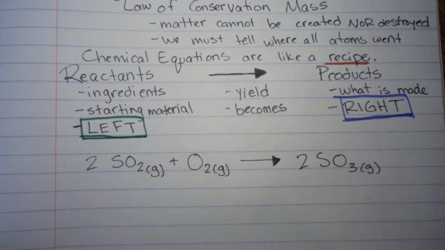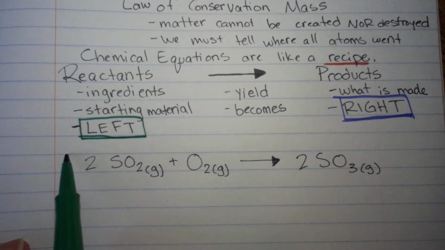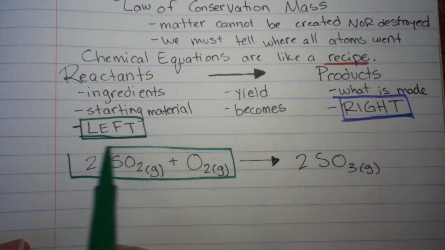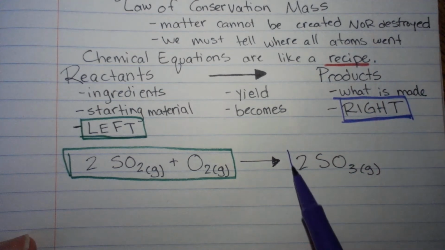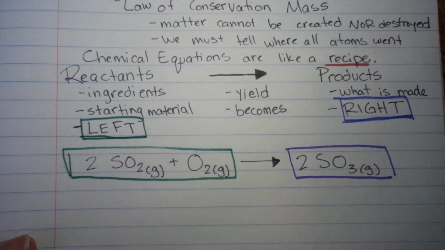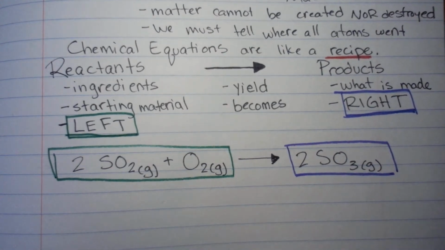So in this example, we have 2 reactants and we only have 1 product. So we put 2 things together and we came up with 1 thing. Alright.